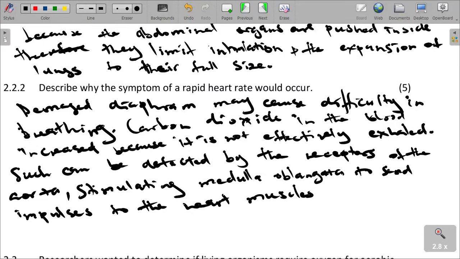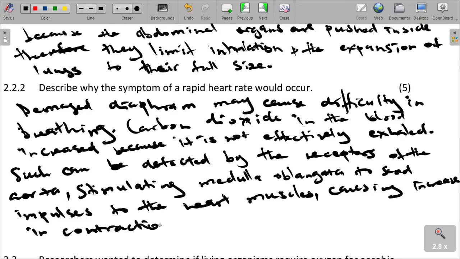Impulses are sent to the heart muscles so that it can cause an increase in what? An increase in contraction of the heart muscles.